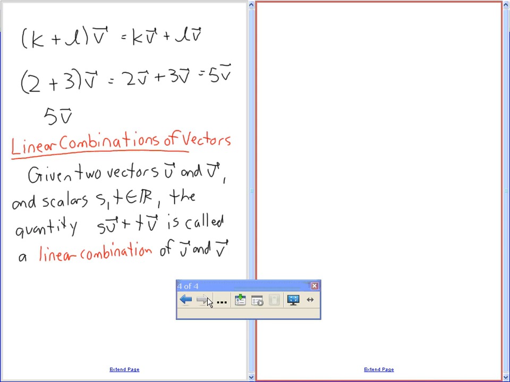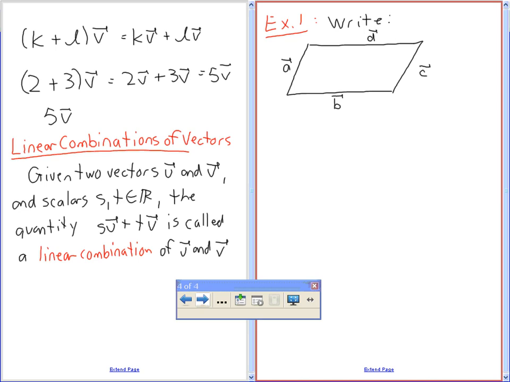Okay, so example 1 is going to say, write... I'm going to draw my parallelogram now. So I've made 6 vectors there.